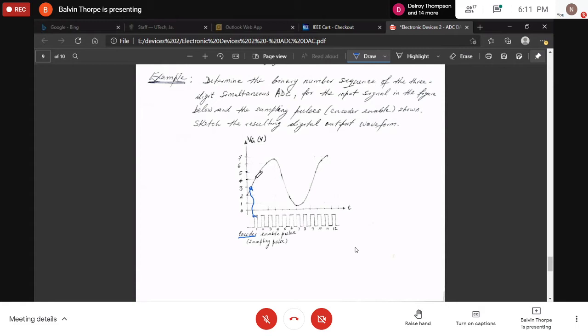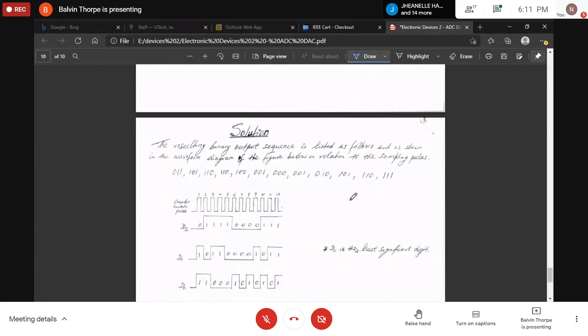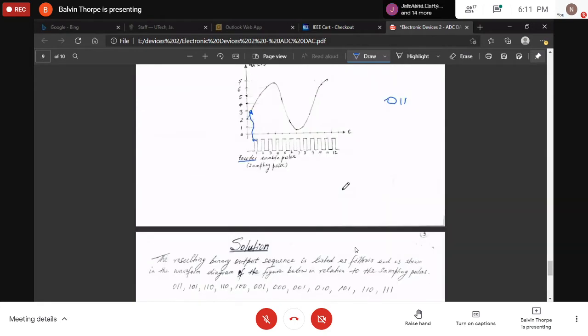And of course, the encoder is going to give you a code for what the voltage that was sampled is. So it's going to give you, in this case, for 3, a 0, 1, 1. And continue the whole process. So if you look at what I'm saying in terms of the solution, it says that this is the input signal, this is the enable pulse that is checking the input of the encoder to give you an output.